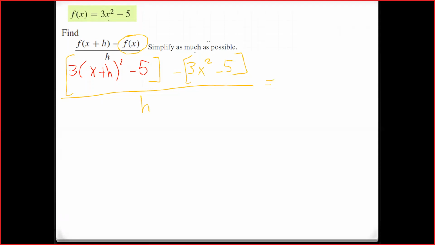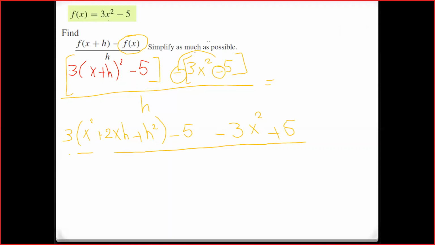Then 3 times x squared plus 2xh plus h squared, I multiply x plus h times x plus h. Minus 5 now. Minus, I will use the distributive property. So it will be minus 3x squared plus 5, because negative times negative is plus, over h.